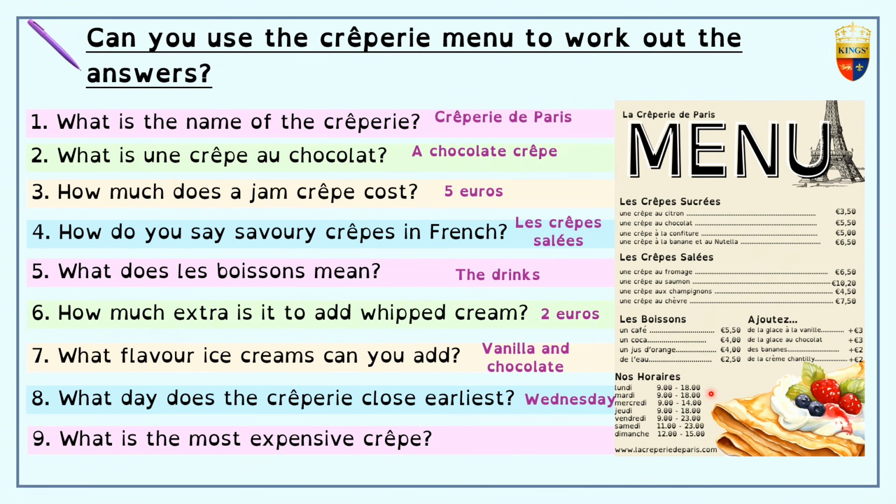So instead of saying, for example, let's meet at 6 p.m., they would say, let's meet at 18 o'clock, which was very confusing for me when I used to live in France. I would always get very confused by that. So anyway, the creperie closes the earliest on Wednesday, because mercredi is Wednesday.